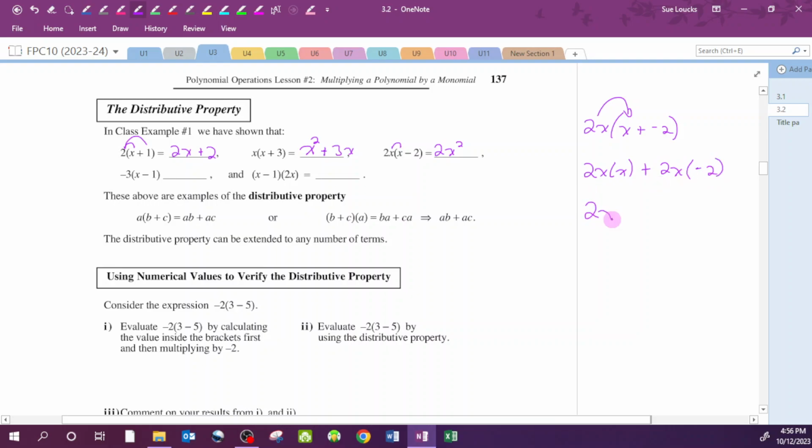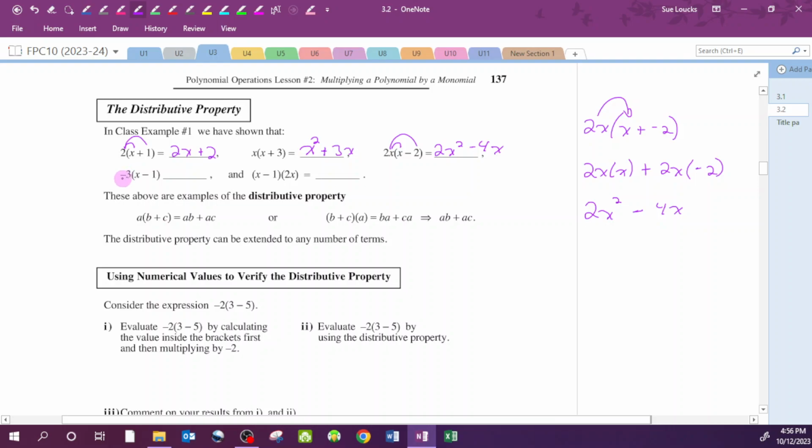So I get 2x squared minus 4x. Okay, so that's kind of the long way of doing it. And if that's how you need to do it to get the right answer, well then, for goodness sake, do it that way. Eventually, though, you'll hopefully be able to shortcut that a bit, that it's 2x times negative 2, which is just the negative 4x. Okay, but however you get there is great.